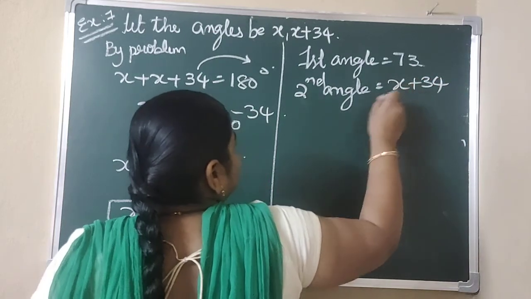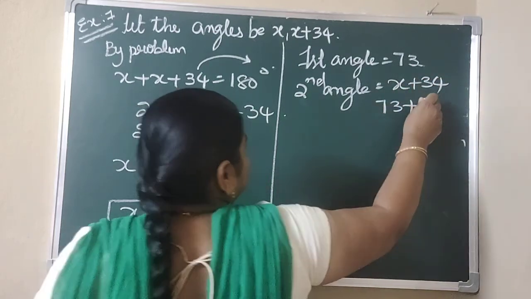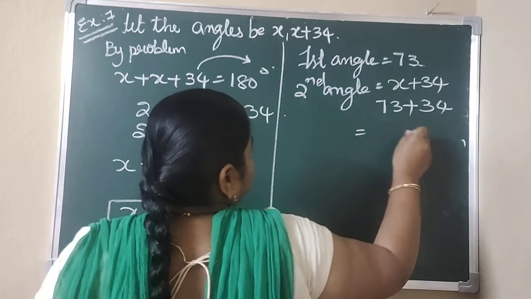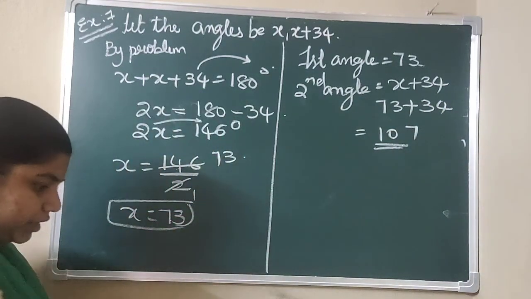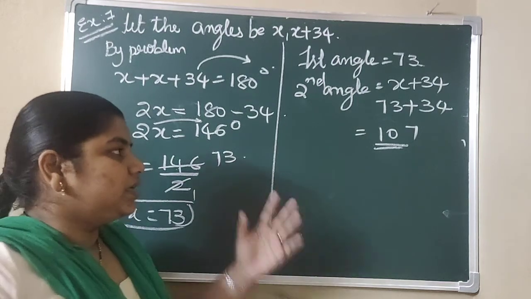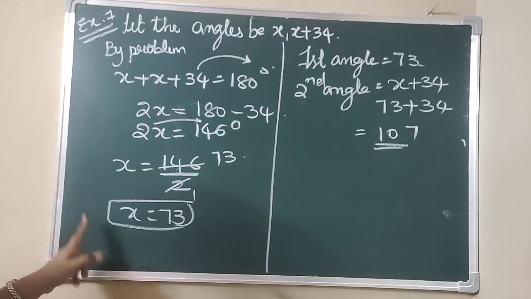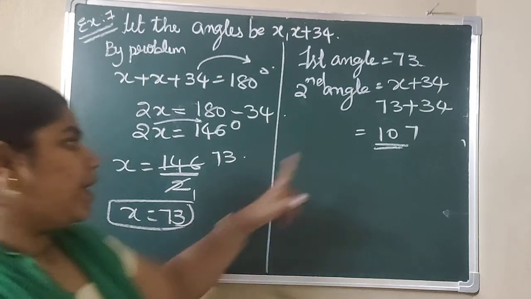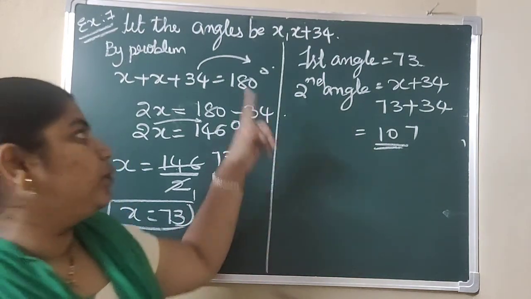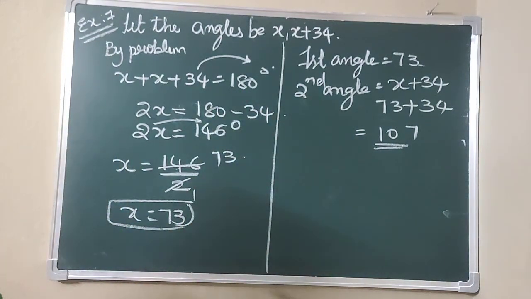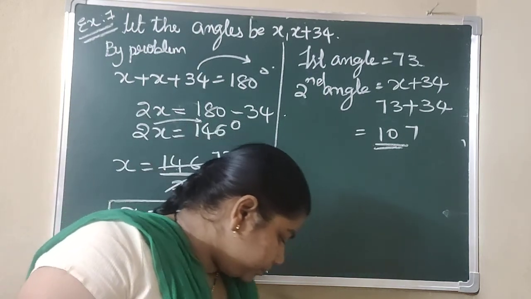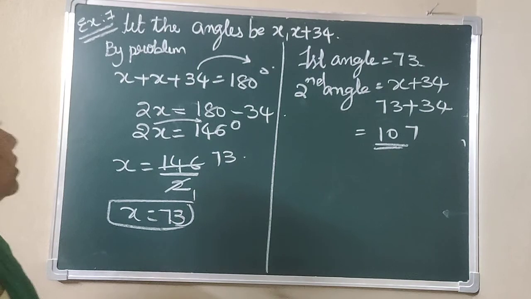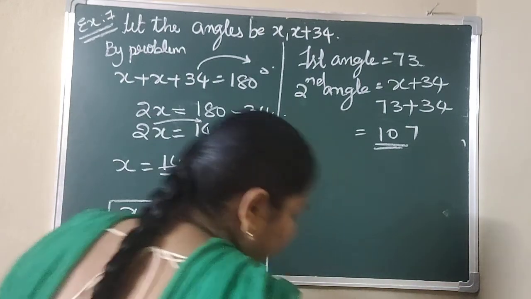So the x value is 73 plus 34, which equals 107 degrees. So the second angle is 107 and the first angle is 73. If you add these two, that will be equal to 180. That becomes the supplementary angles. Okay, so this is our seventh solution. Next is the eighth example.